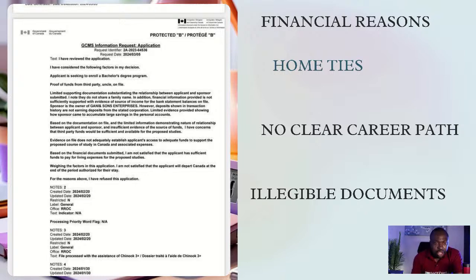Now, if you notice, in the account, the records did not match. You claimed that you were working for a particular company, and there were so many other frequent deposits coming in without being explained. Now, let me explain how it works in Canada.